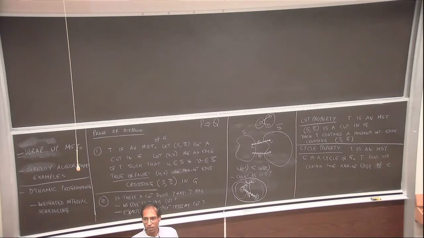Can you think of some other cut not involving leaves? Let's say it's a big graph, big tree. Pick any edge of the tree. If I remove that edge, that splits the tree into two parts. How many edges are crossing the cut in the tree? Exactly one. That's the edge.